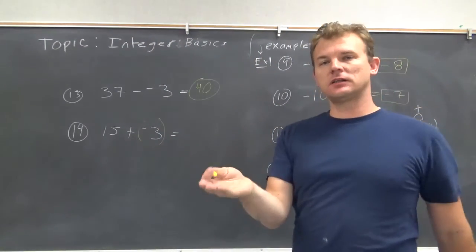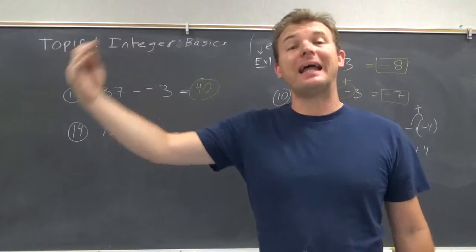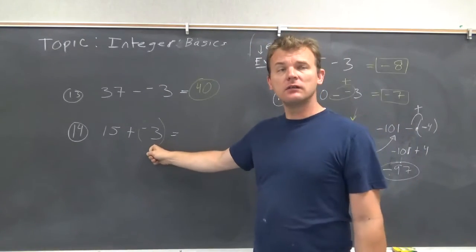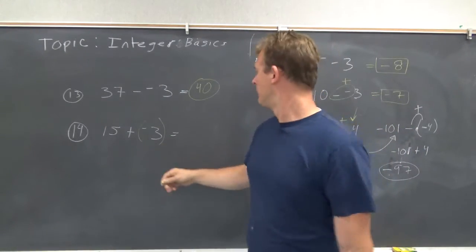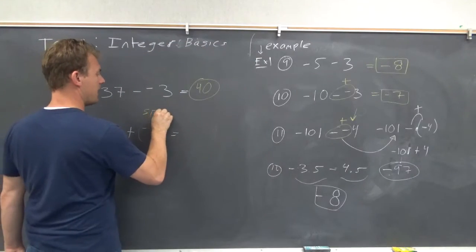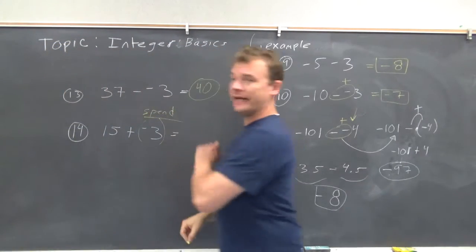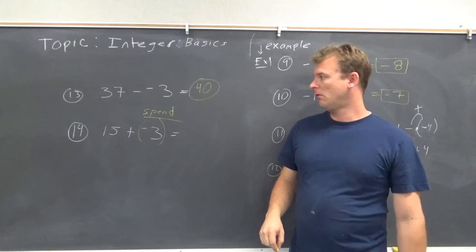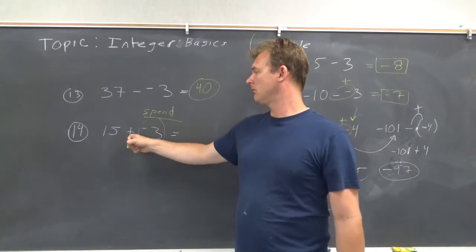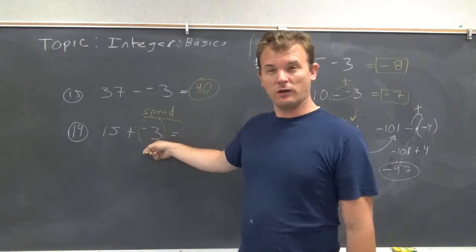So I have $15. Technically I spent $3. Well, spending means negative, right? Spend means negative. So 15 minus 3 really is 12.